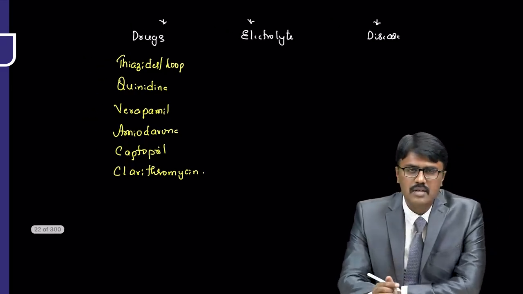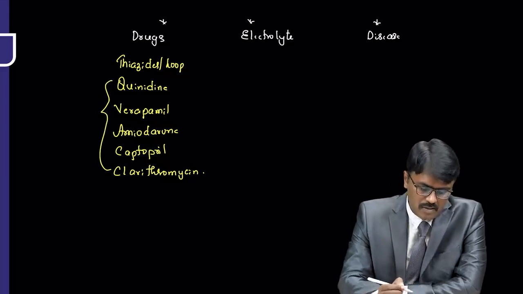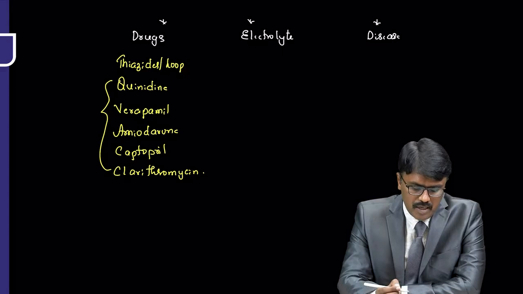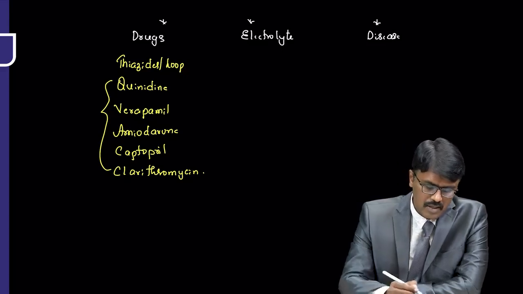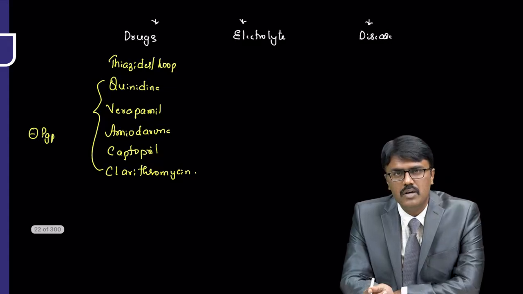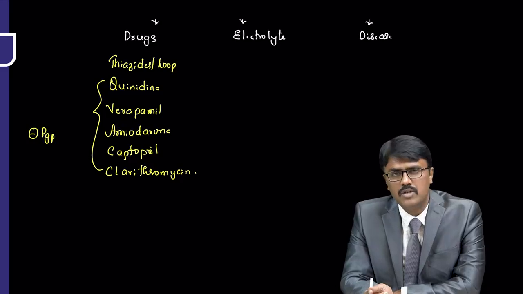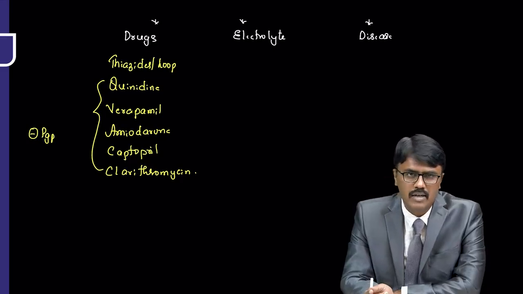Now, what is the reason why these drugs will increase digoxin toxicity? Because these drugs, quinidine, verapamil, amiodarone, captopril, clarithromycin, they inhibit a protein called P-glycoprotein. So they inhibit P-glycoprotein, which is going to throw the digoxin out. So they interfere with elimination of digoxin, and they are responsible for that.